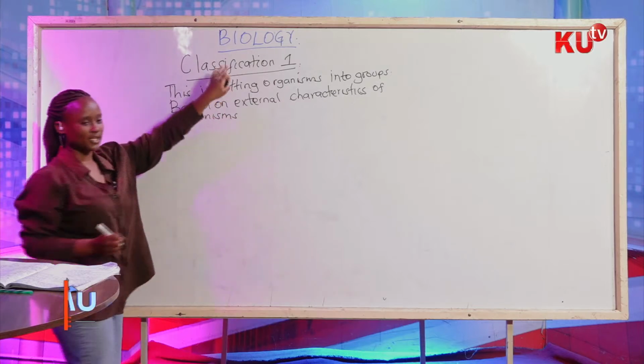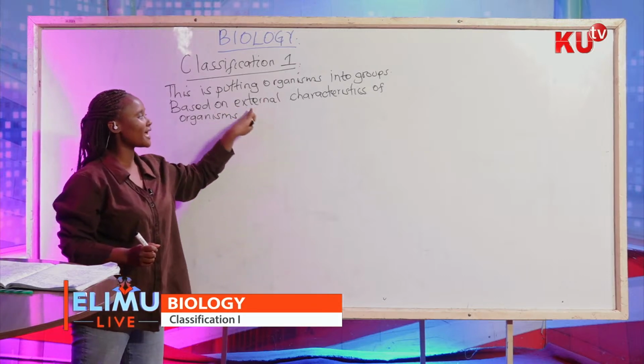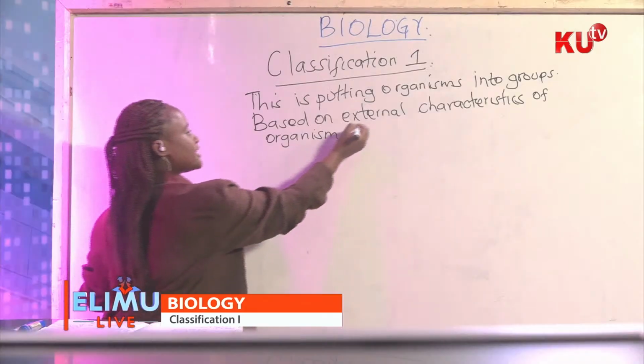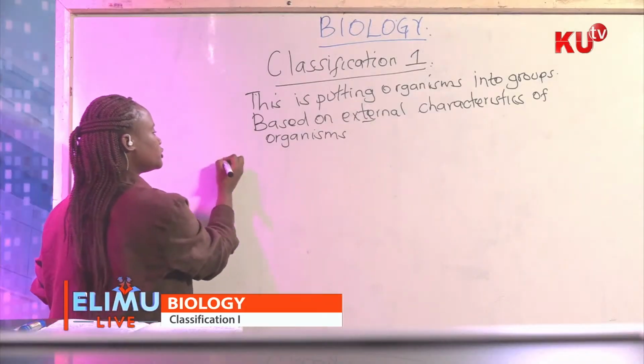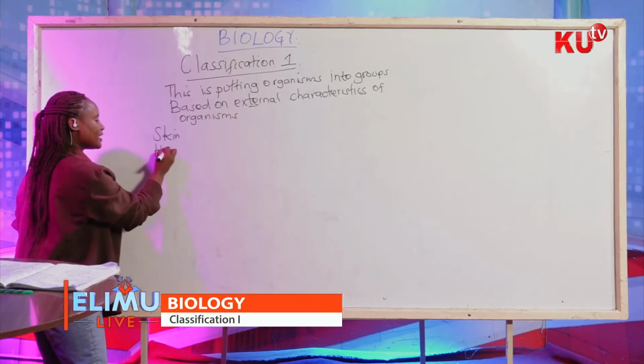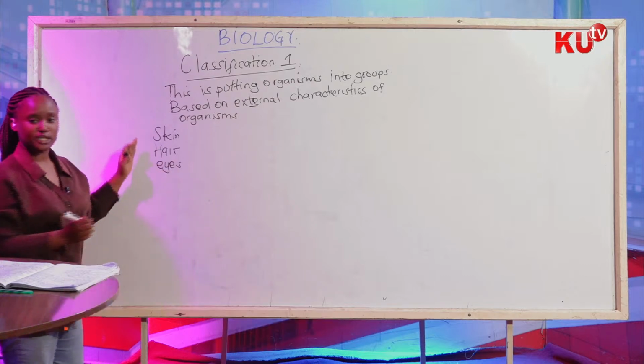To be able to classify, you should first distinguish the external characteristics of organisms. The external characteristics include the skin, hair, and eyes, maybe in human beings.